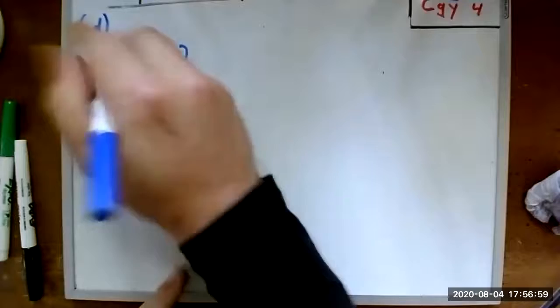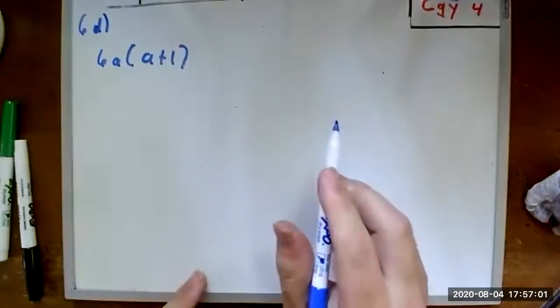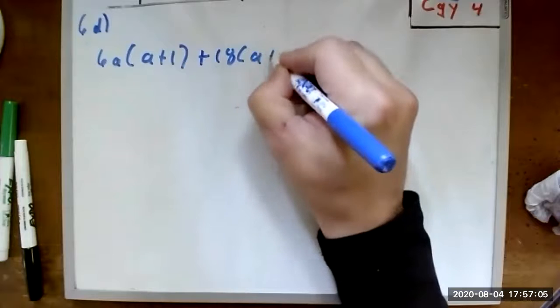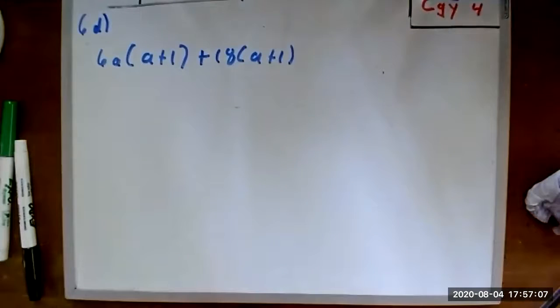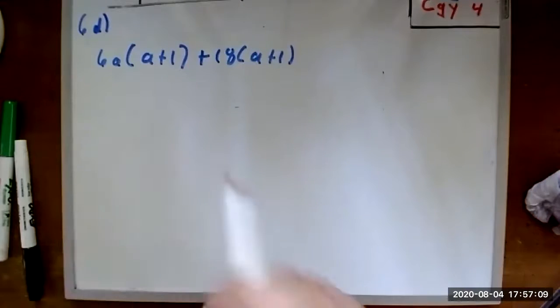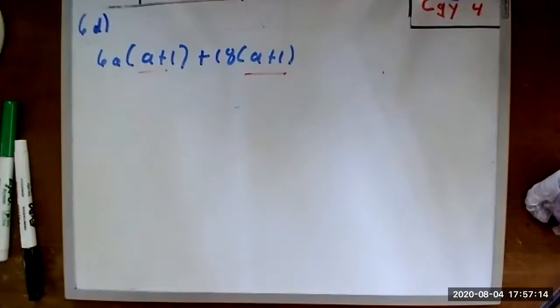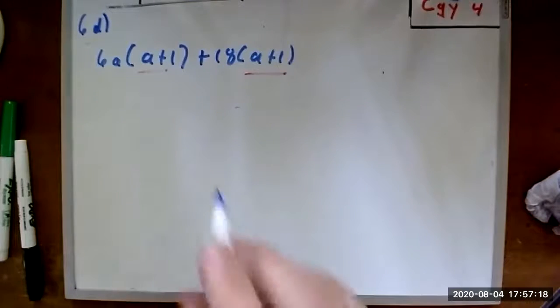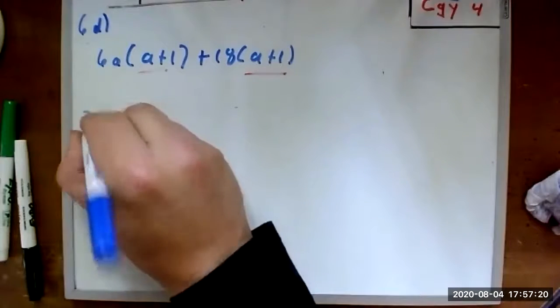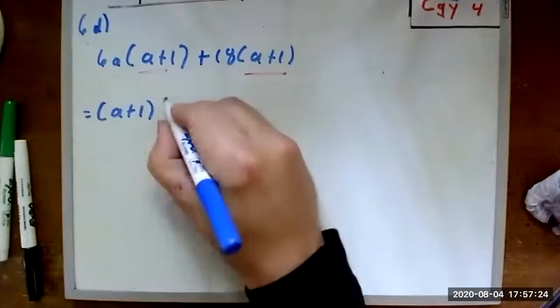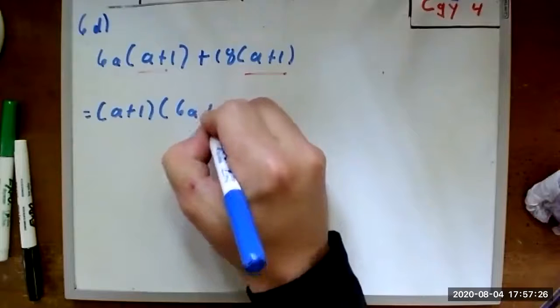Sorry, not 5D, 6D. 6D says factor out any common factors, and you're being given 6A times A plus 1 plus 18 times A plus 1. Now it turns out the very first common factor we can take a look at is this A plus 1. That's the first thing we can pull out.